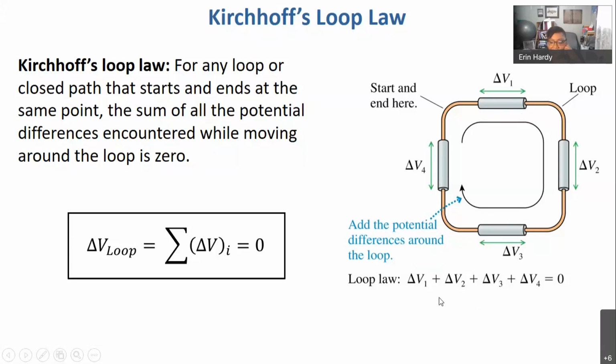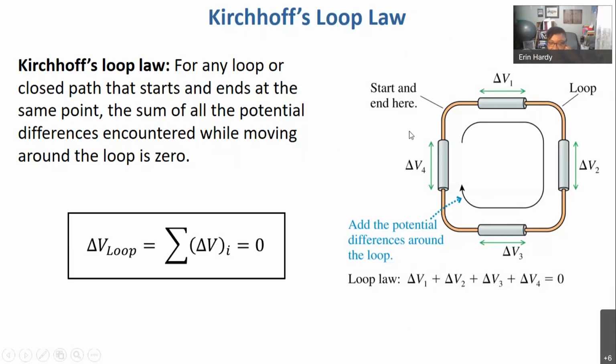So the loop law here, if this is going to be equal to 0 in the scenario that I've made up here, I'm going to have one positive delta V that represents the field on the inside of the battery doing work on a charge, and specifically positive work on that imaginary positive charge. But if I imagine a negative charge that's moving toward the negative terminal of the battery, that would also result in positive work. So that would be energy that you're adding to the charge, regardless of whether you're considering electron current or conventional.